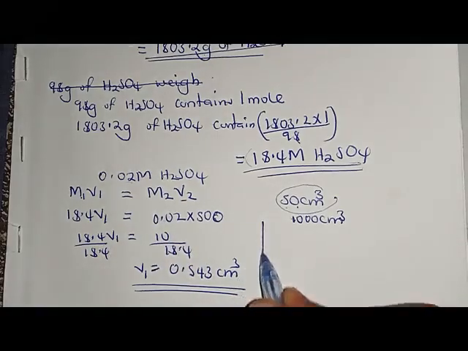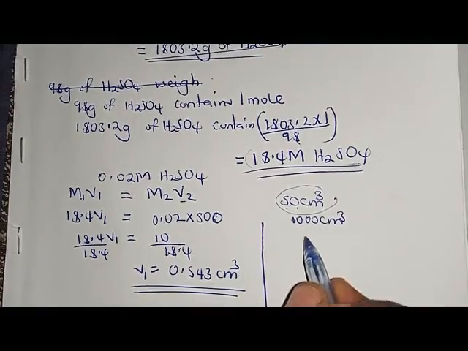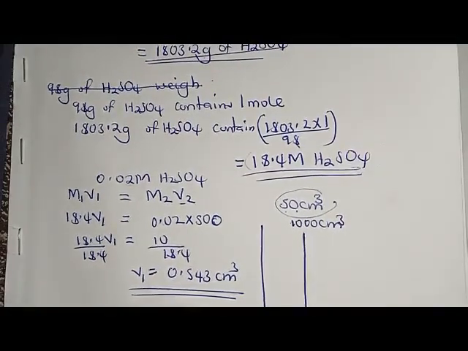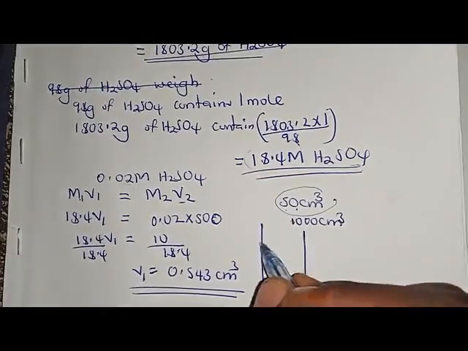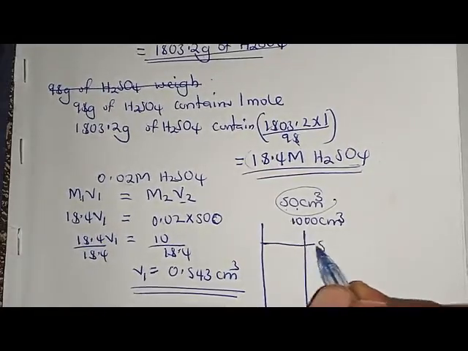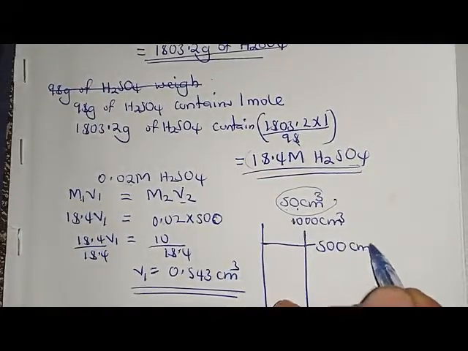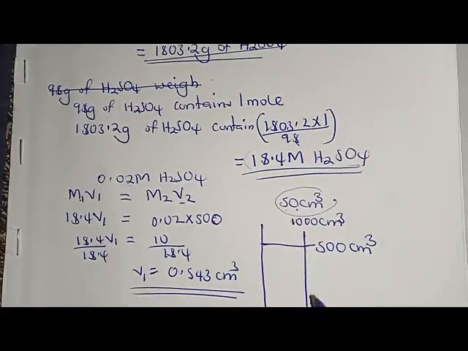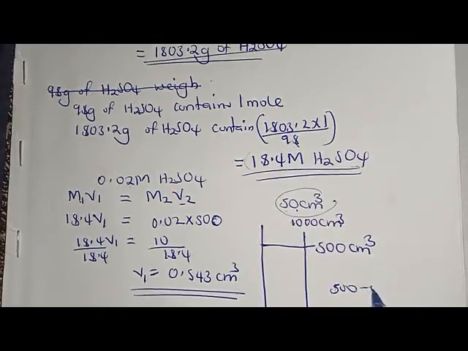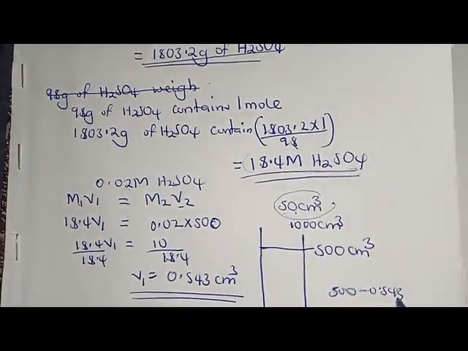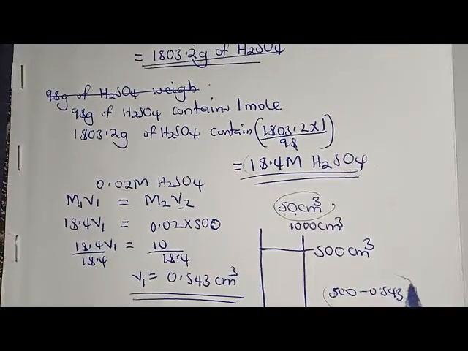Now what you do whenever you're preparing solutions is that your total solution should be making up to 500 cubic centimeters. So you are going to first establish the water. The total solution should be 500 minus 0.543, the volume of the acid you are going to add.